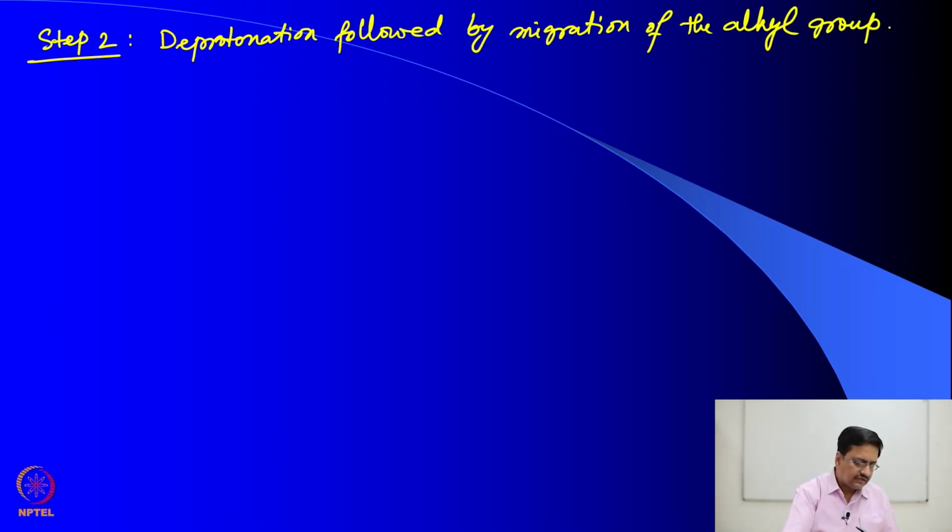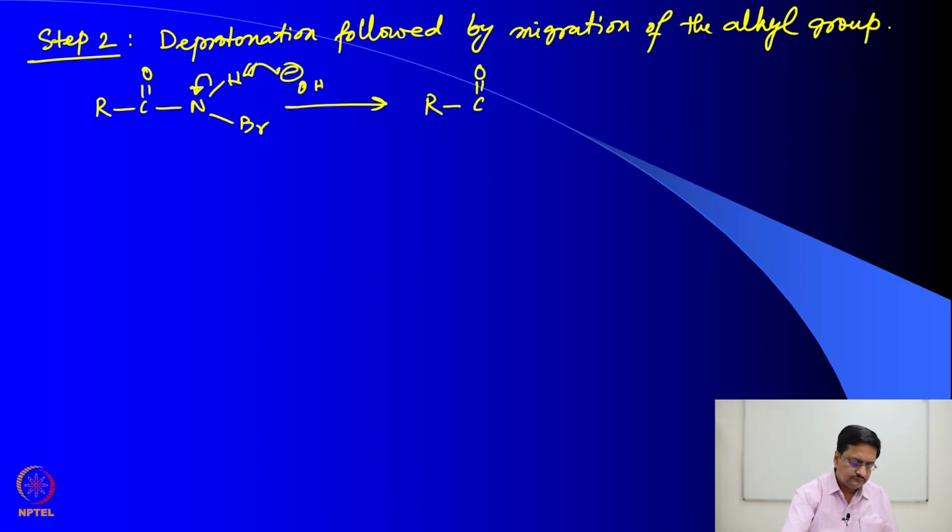Here the product of the previous step, RCONHBr, reacts with one more molecule of base and forms the intermediate like this, which is again resonance stabilized as before.